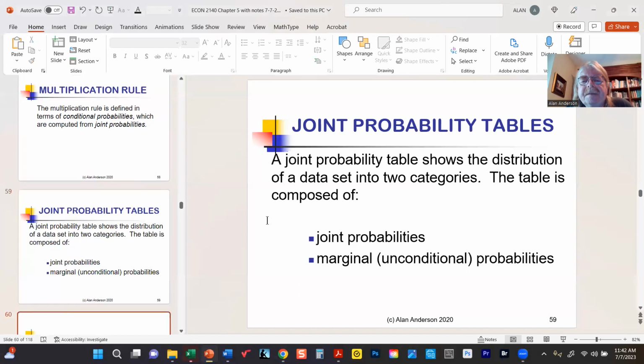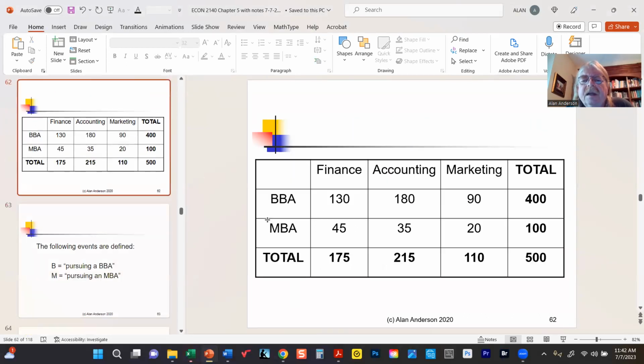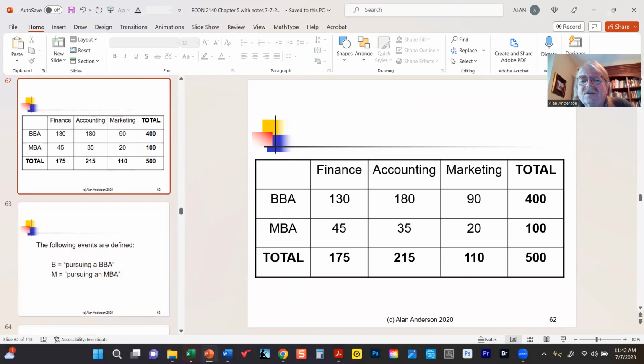Okay, so let's look at the table. Now, this is some unnamed business school, which happens to have exactly 500 students. And the school offers bachelor's degrees and MBAs or master's degrees in business. BBA stands for Bachelor of Business Administration.